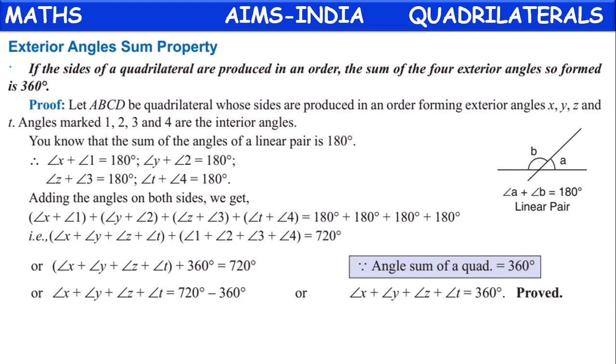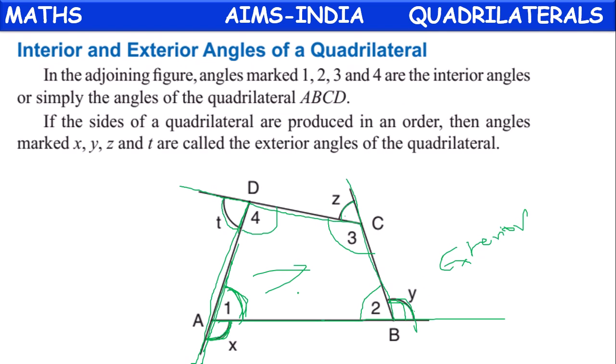Now, the exterior angles sum property. Exterior angles: in the figure we have got X, Y, Z, T, four exterior angles. Why do we get exterior angles? When we extend the four sides of the quadrilateral, we get four exterior angles.